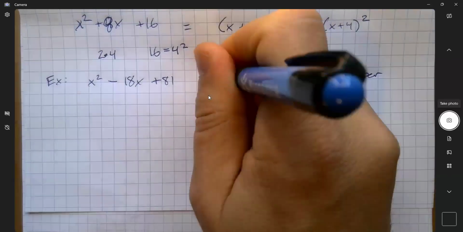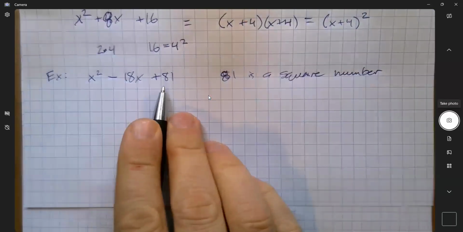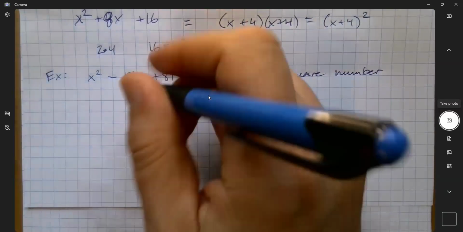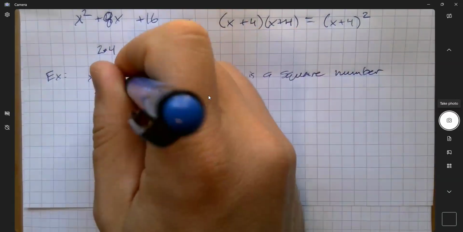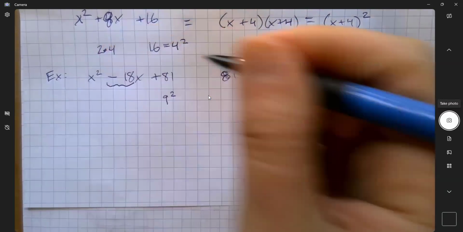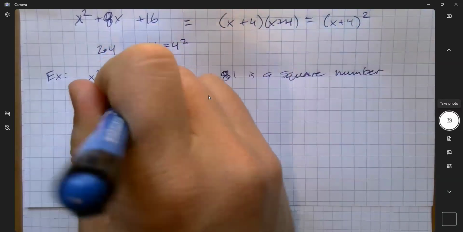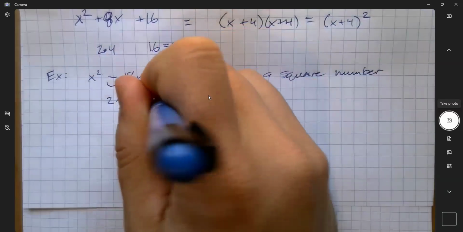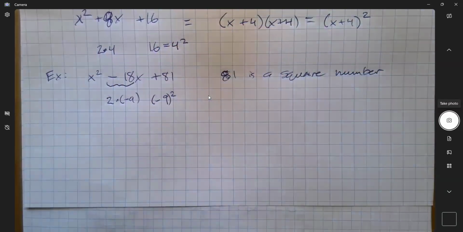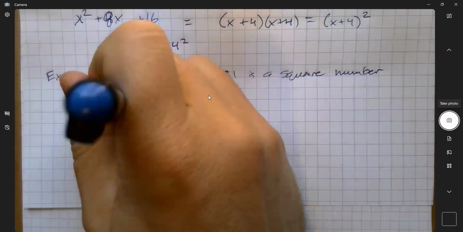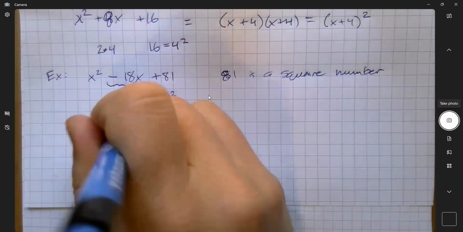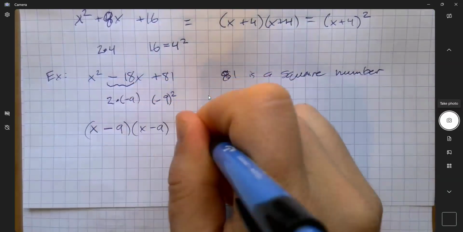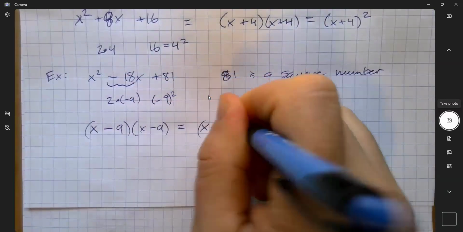If you recognize that your constant term is a square number, that doesn't guarantee it, but you might as well check this term here, and sure enough, that's 2 times negative 9. And 81 is 9 squared, but 81 is also negative 9 squared. So that means this must be x minus 9 times x minus 9, or x minus 9 squared.